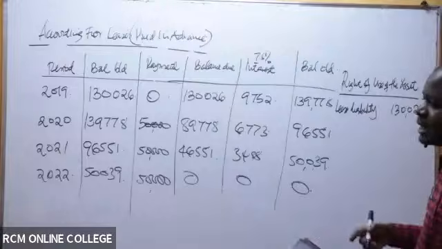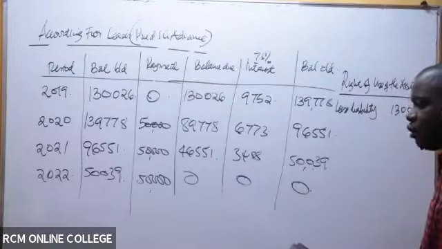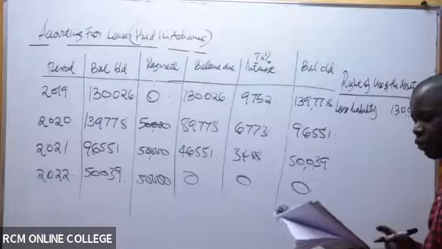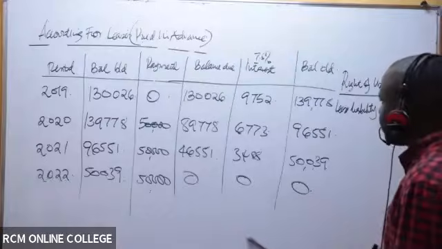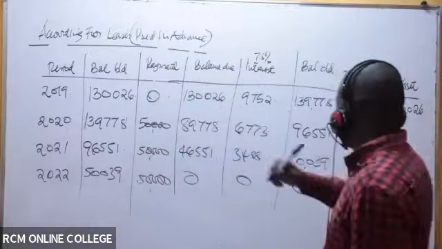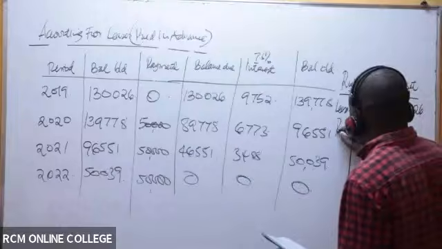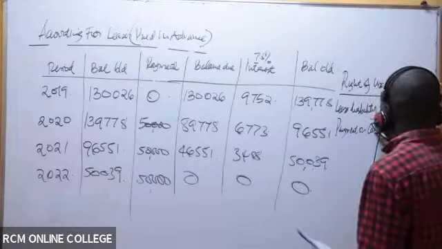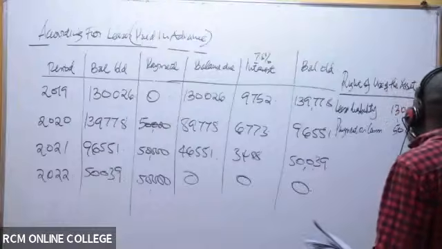Then you'll have to add any direct cost incurred on the commencement of the lease. For example, in that case, there's a direct cost of how much? 402. And of course, immediately they were commencing this particular lease, they paid how much? 50,000. So in this case, payment on commencement, it was 50,000.